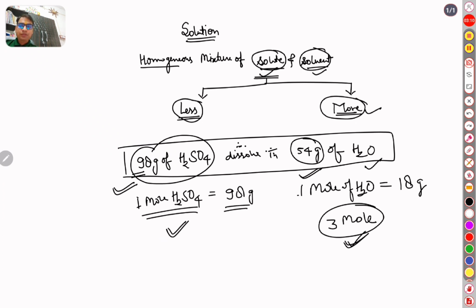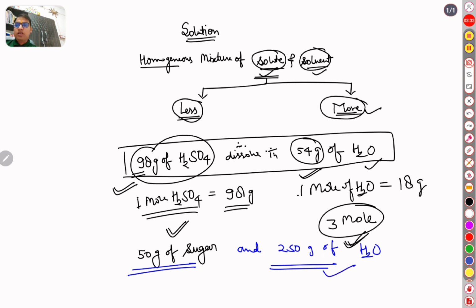Clear? Suppose you are taking 50 gram of sugar and 250 gram of water. Which one is the solvent? Yes, water is the solvent.